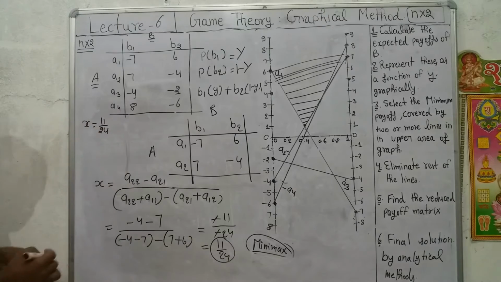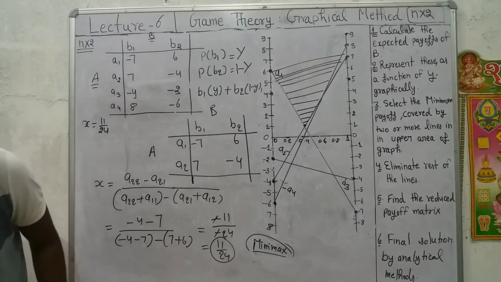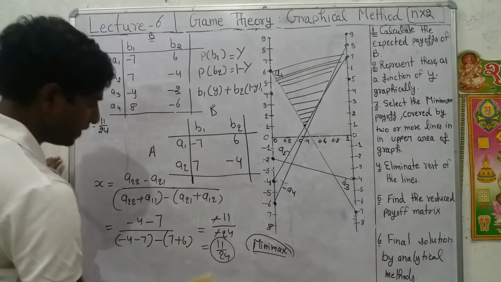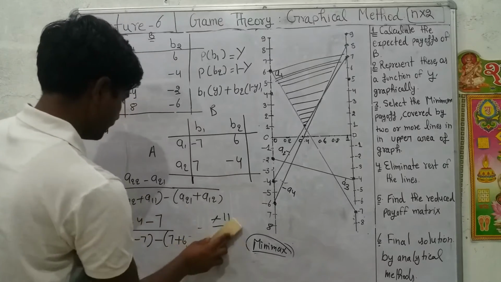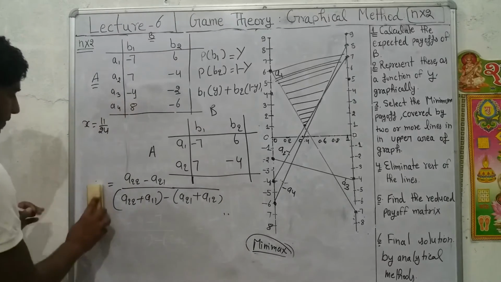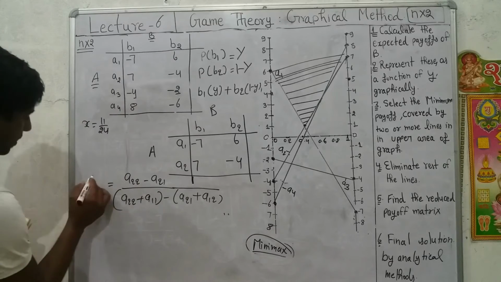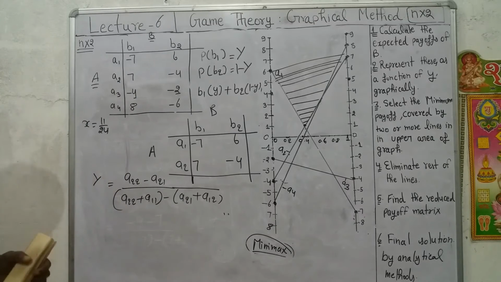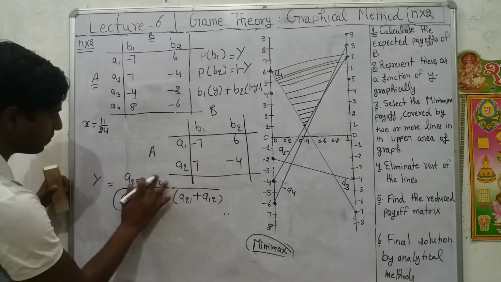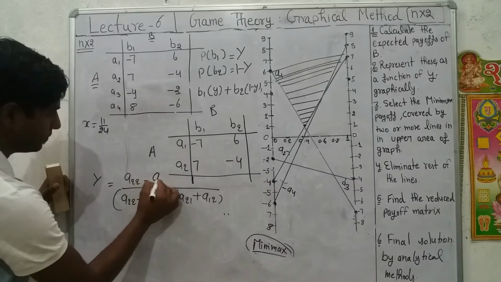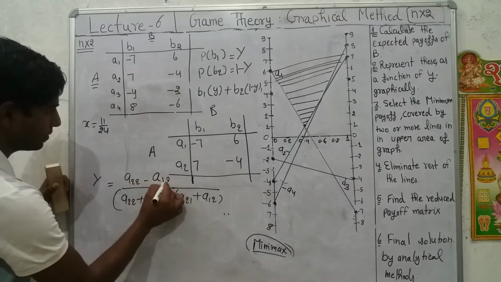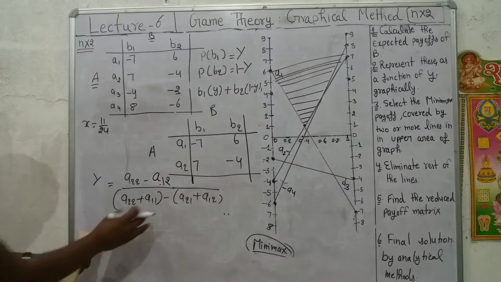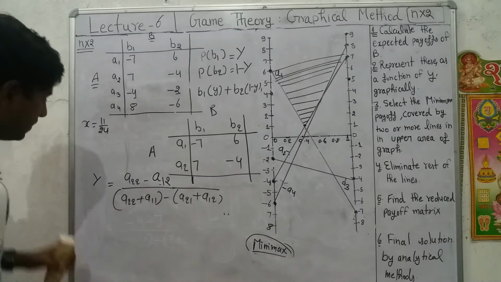So the value of x is equal to 11 by 24. In a similar way, we would calculate the value of y, and the formula for calculating the value of y would be A22 minus A12, and the rest of the formula would be similar.